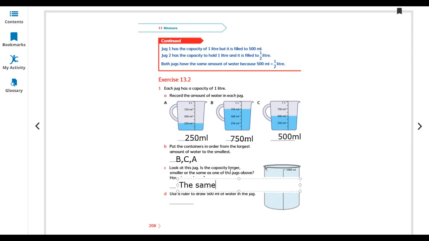Or you can also write 1 liter equals 1000 milliliters, both correct. Use a ruler to draw 500 milliliters of water in the jug. So this one, as it's mentioned here, until here, this is 500 milliliters until this one.